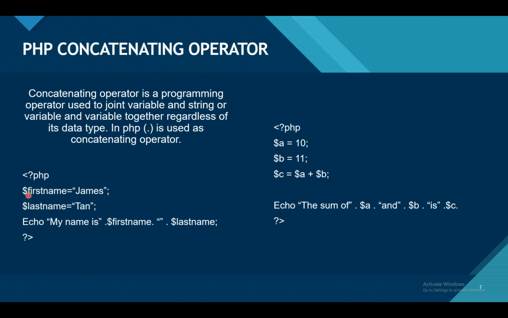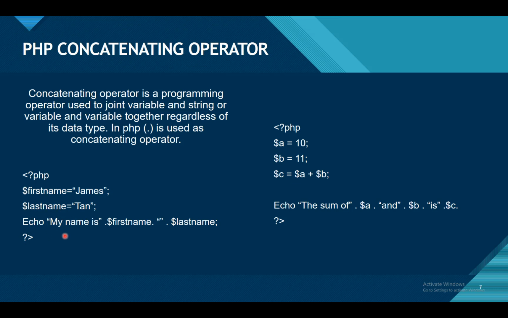We have here an example. The variable name is first name, and the value is James. The variable name is last name, and the value is Tan. Let's display these two variables.